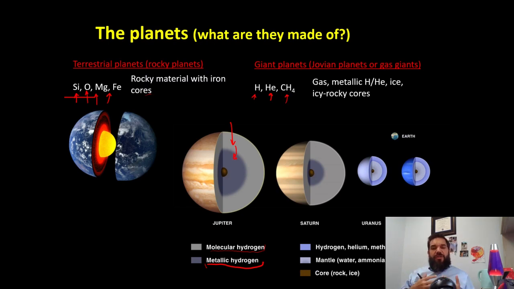And the hydrogen is pressed so closely together that electrons in the hydrogen material are shared in metallic bonds. The bonds of the hydrogen shift and transform into metallic bonds, and we get a phase transition to metallic hydrogen.